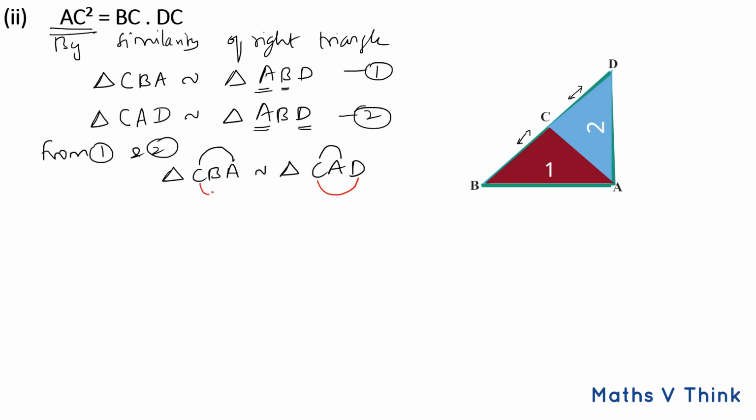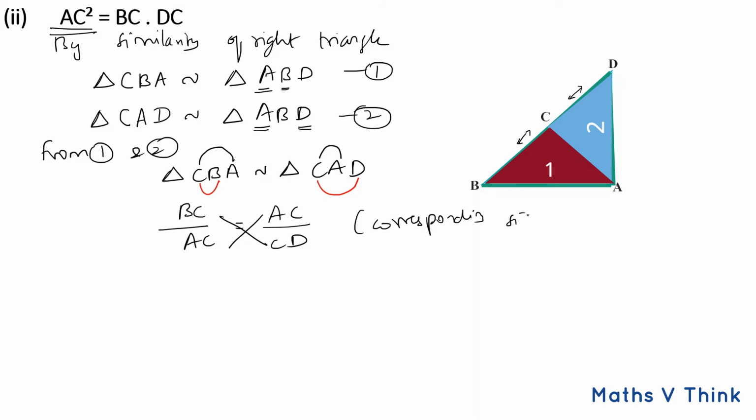So in the first triangle also I'll be taking first and the second one. So CB is nothing but BC divided by AC is equal to AC by CD. Cross multiply.